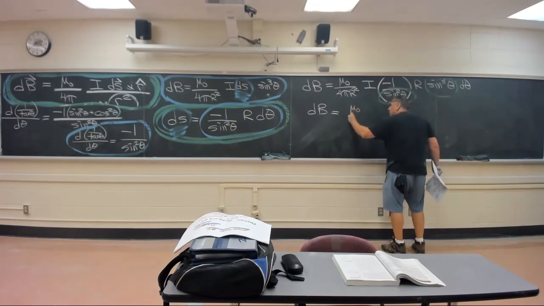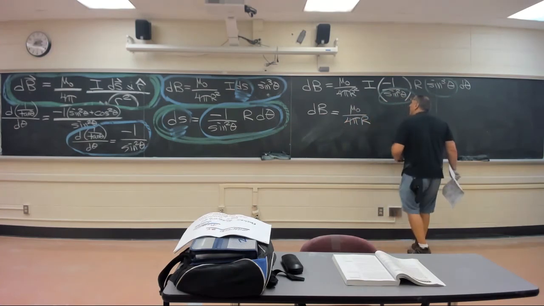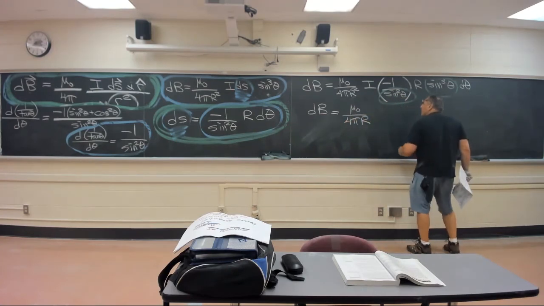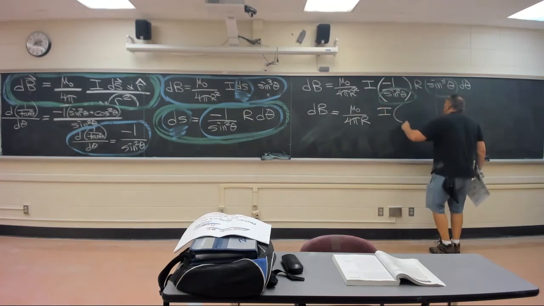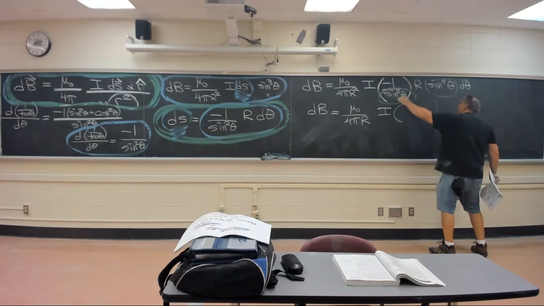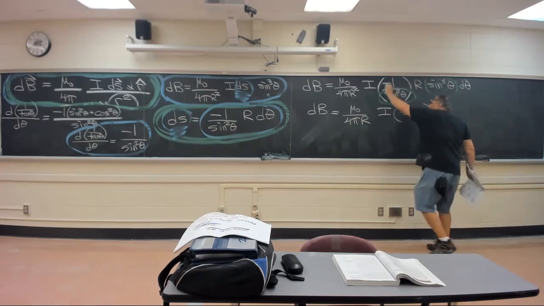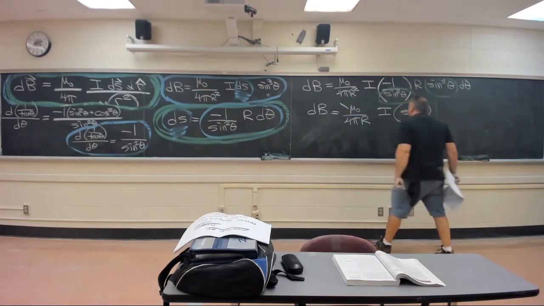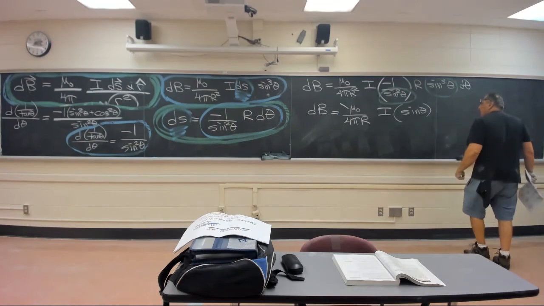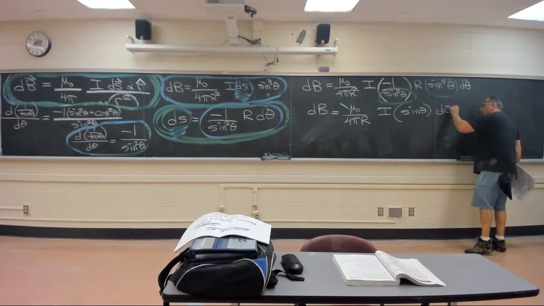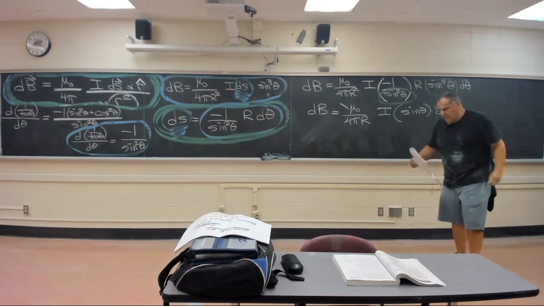You got mu 0 over 4 pi capital R I times sine squared theta into sine cubed theta, which is just sine theta. There's a negative here. Well, throw it right there, guys. Why not?